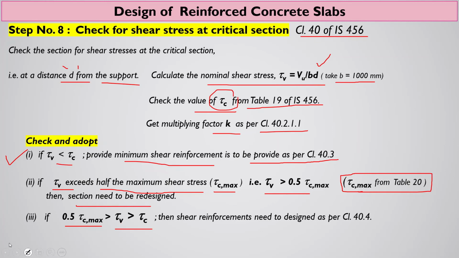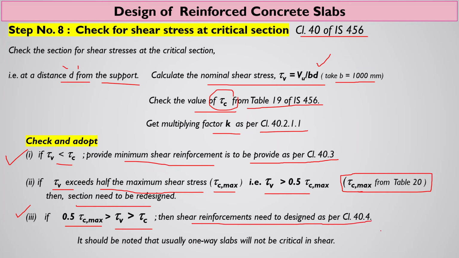So if your slab which you are going to design fulfills this third condition, then you have to design the shear reinforcement as per clause 40.4. But one thing you have to note down, that in general, one-way slabs are not critical in case of shear check.